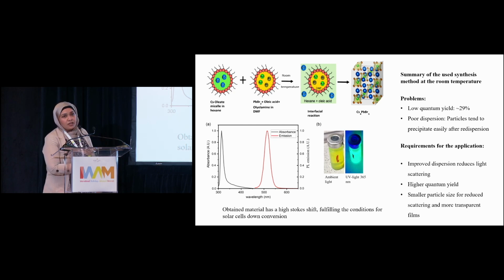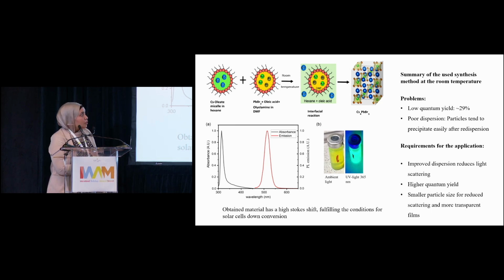is a material that fulfills the requirements for a downshifting layer, which is absorbing in UV and emitting the light in the visible range. So this is the good news that we had after obtaining the required material, that it has a high Stokes shift. But after we synthesized, according to the published method, we found some problems.